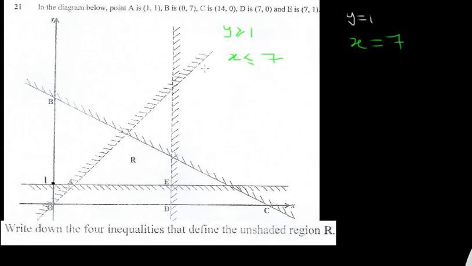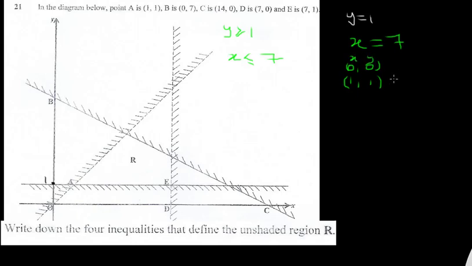If we look at the next easy one that we have, it is this one. This one is passing through the origin, which is 0,0, and point A, which is 1,1. So we can form an equation for this line passing through 0,0 and 1,1.